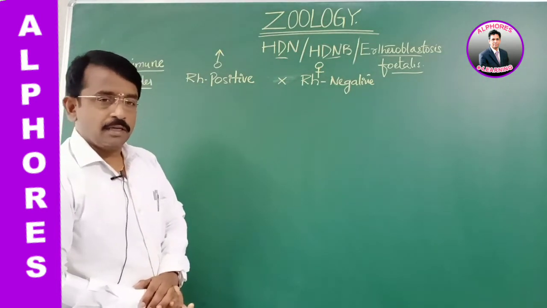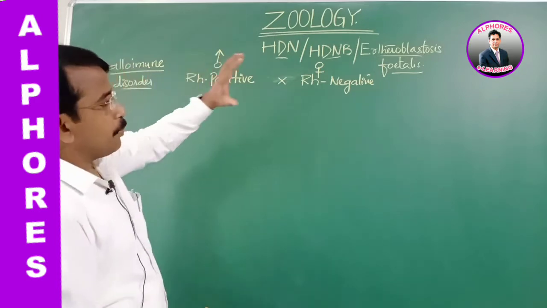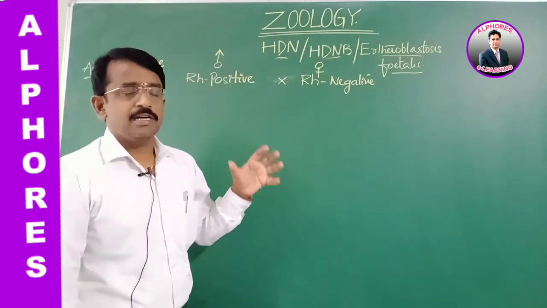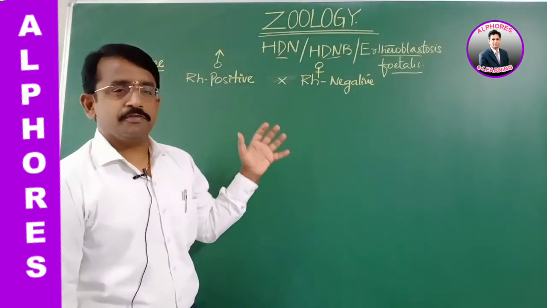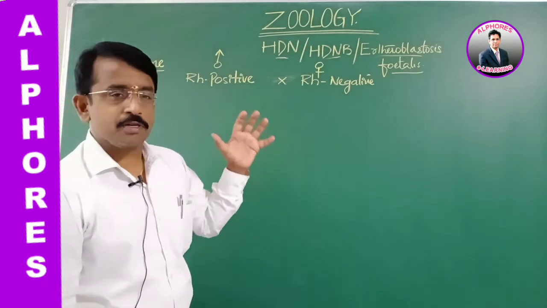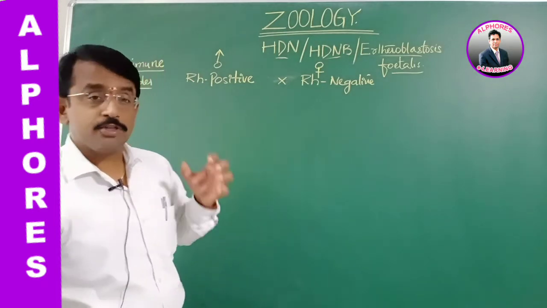The Rh antigen is present in most of the population; percentage-wise among the whites, it varies from 85 to 99% of the population with the Rh antigen.